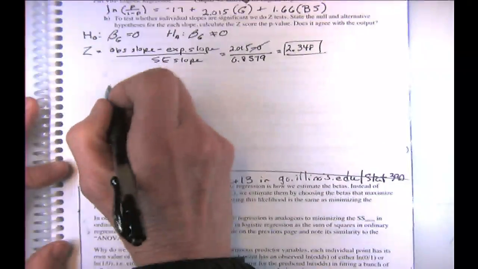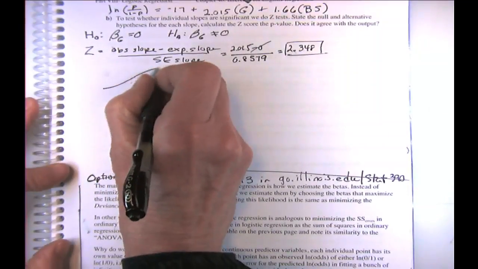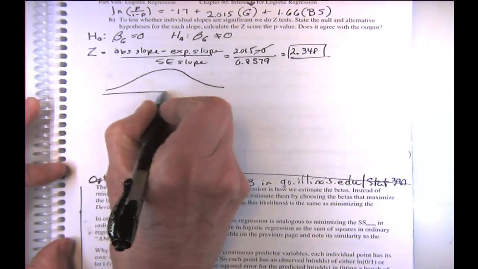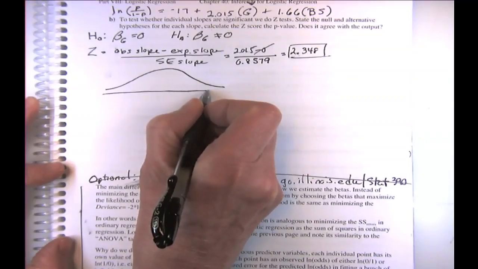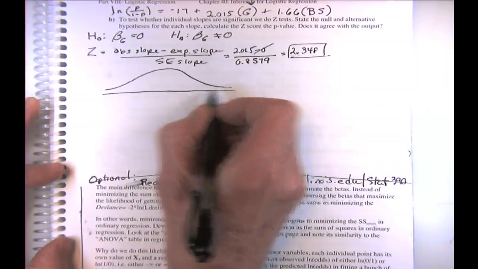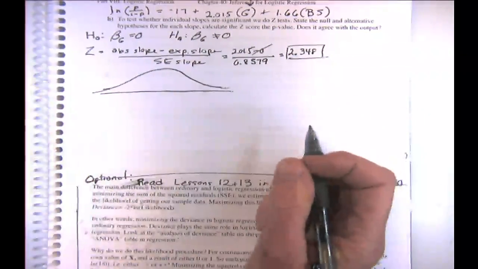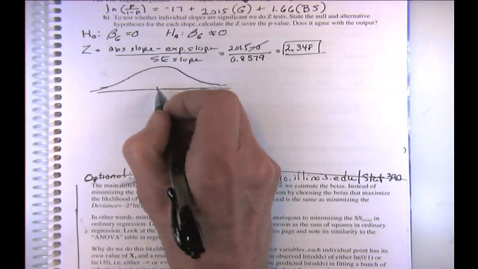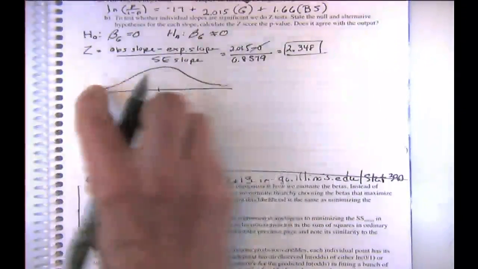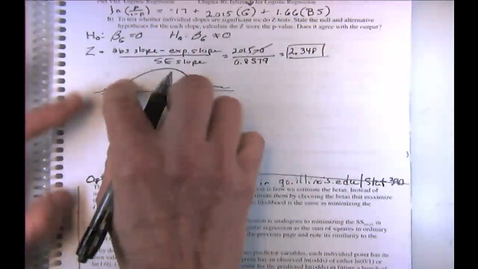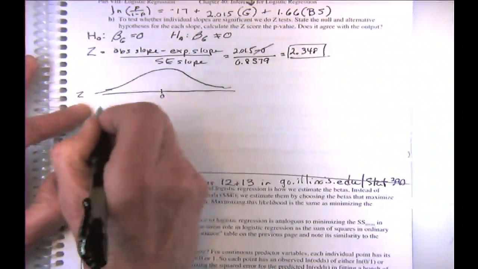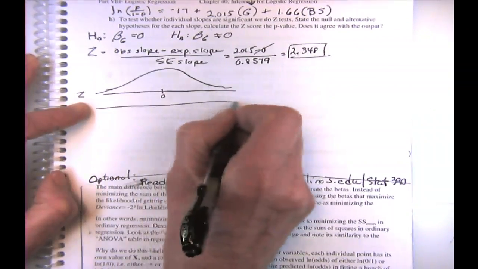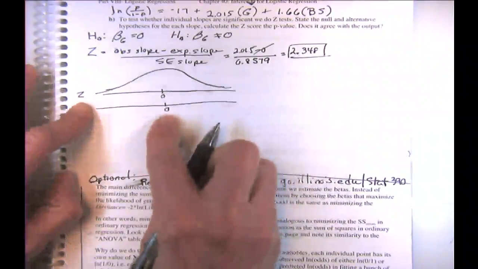Well, what we're saying is that this is the sampling distribution of the slope under the null when there really is nothing going on. And we're approximating it by a normal curve. So this is our z-score, this is our z-axis. And in terms of slope, we expect 0.